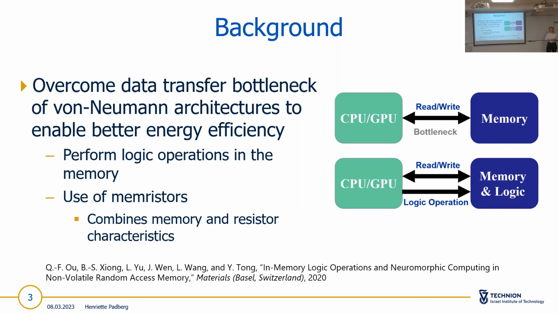So the solution for this would be a memory unit where you can also perform logic in the memory. And for that, we can use memristors, and they combine characteristics of a memory and also a resistor. So here you can store a state through a resistance, a high resistor state and a low resistor state.